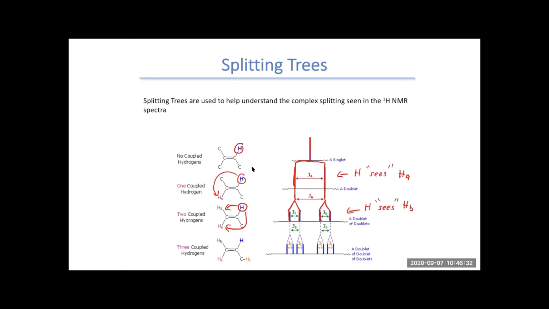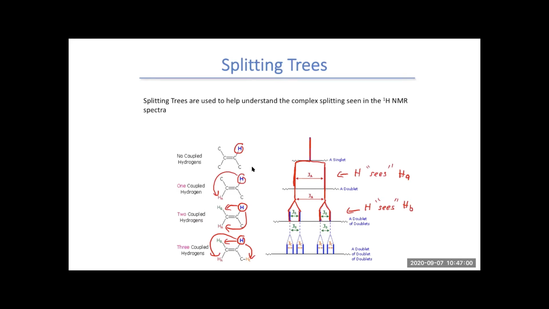Now let's say we have another hydrogen that it sees. It can couple to multiple hydrogens this way. So our hydrogen will see HA, HB, and now HC. We've already seen that when it sees HA, it makes a doublet. When it sees HB, it takes that doublet and splits it into two doublets, which is how we get our double doublets.